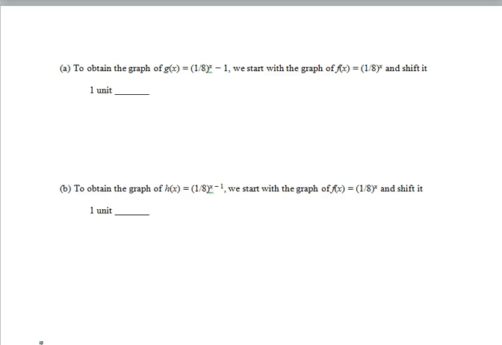We have two parts of a question dealing with the graph of f of x equals the exponential function 1/8 to the x power.